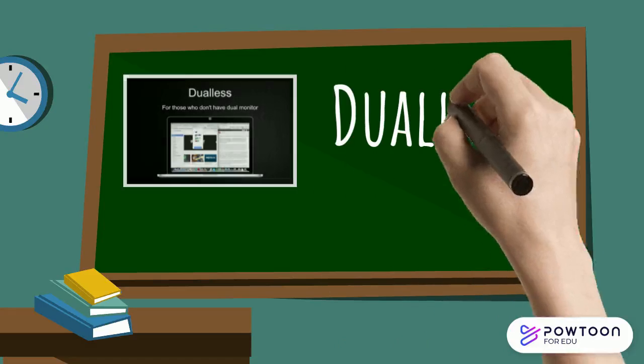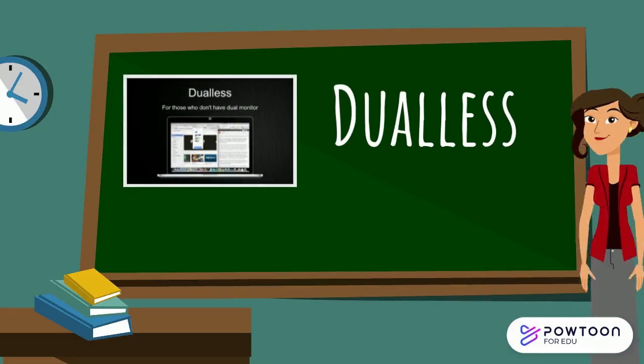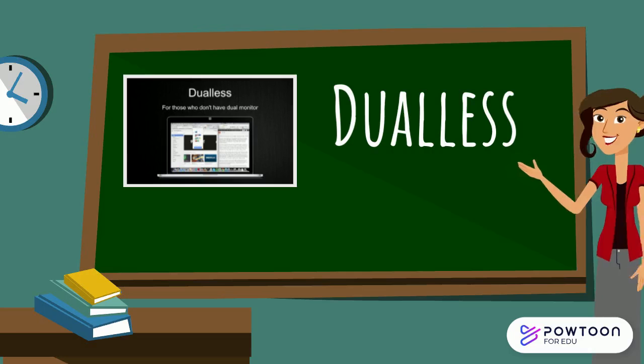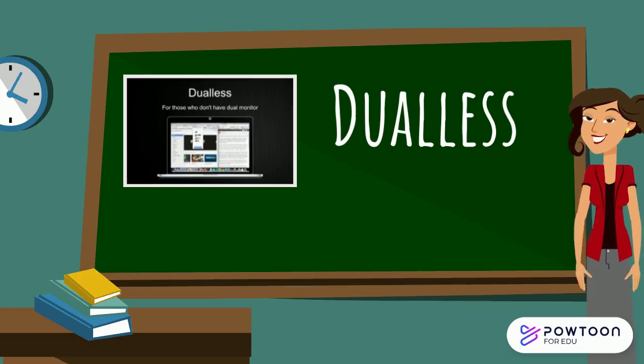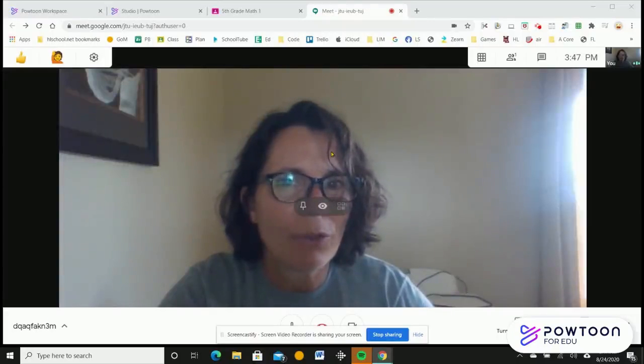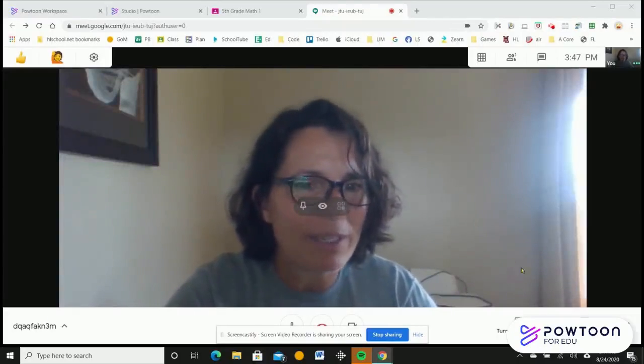If you are presenting to the students in a Google Meet, you can also download the Dualless extension, and it will let you see what you are presenting to the students and see the students at the same time using a split screen. Here I am in my Google Meet. As you can see, I'm all by myself again.